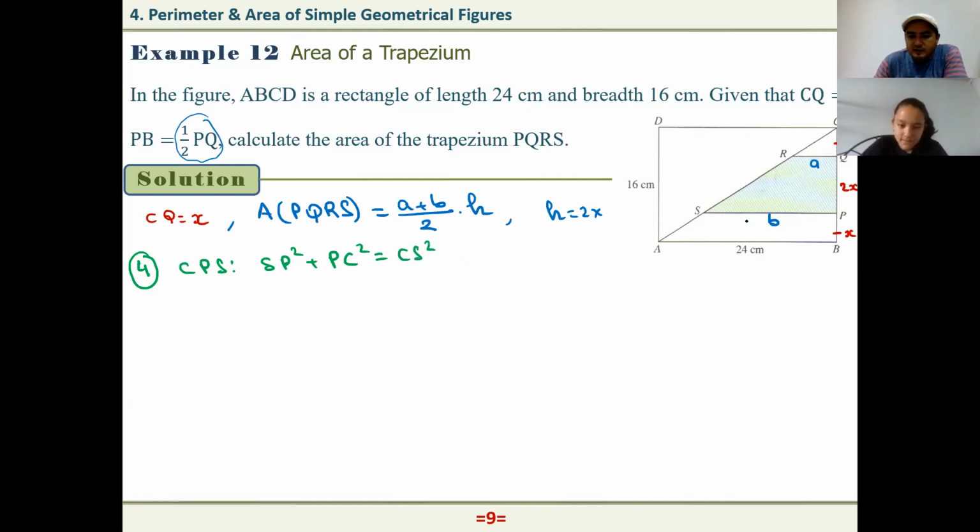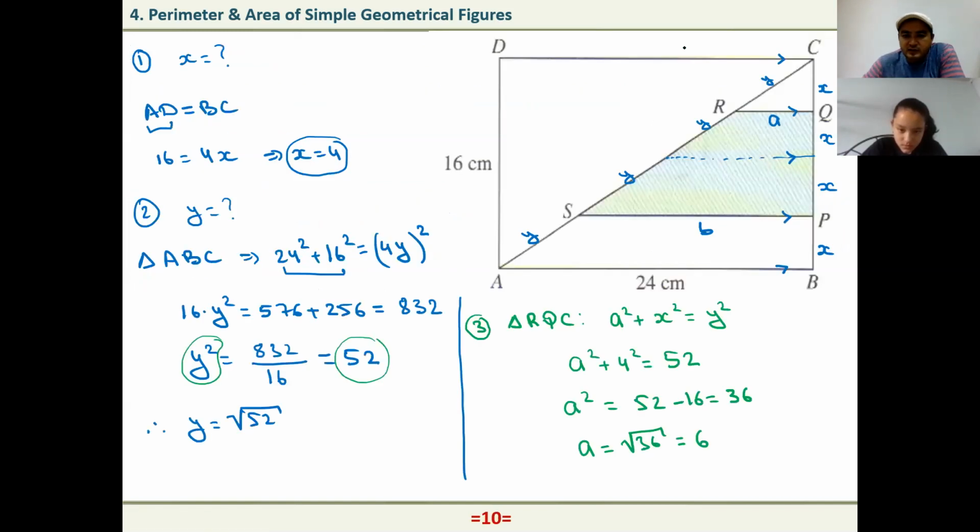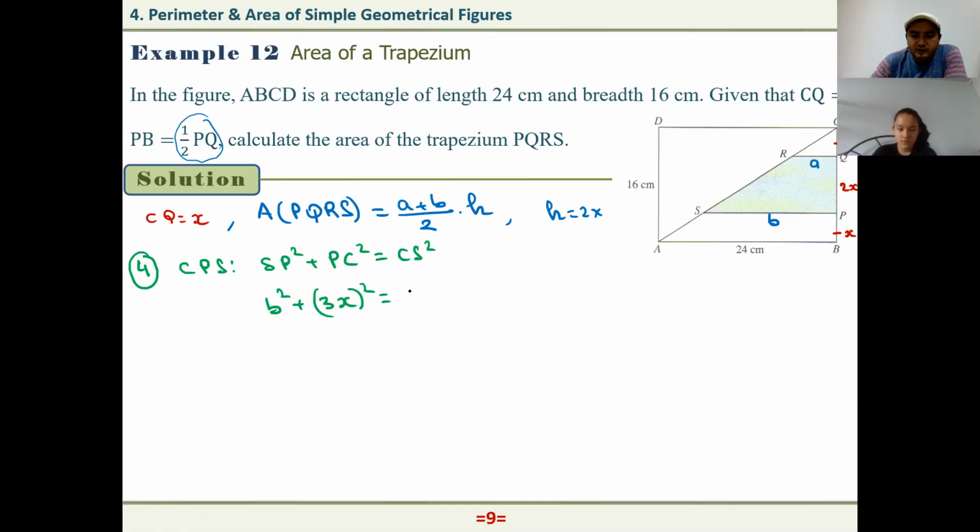Now what is SP? SP is B, B squared. What is PC? PC is X plus 2X, that is 3X squared. Plus, what is CS? If you look here, this is C, this is S. It is Y plus Y plus Y. It is 3Y squared.